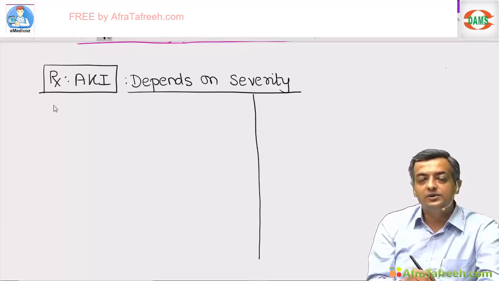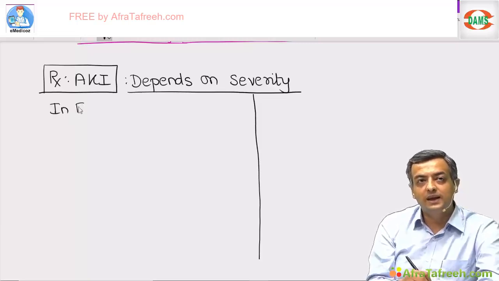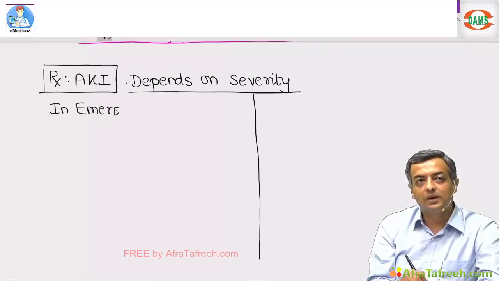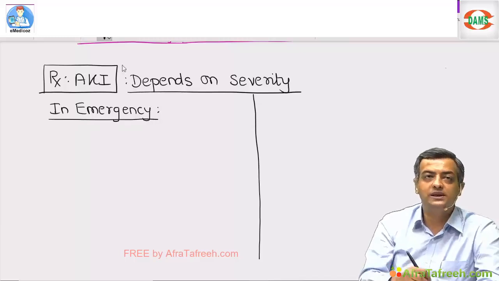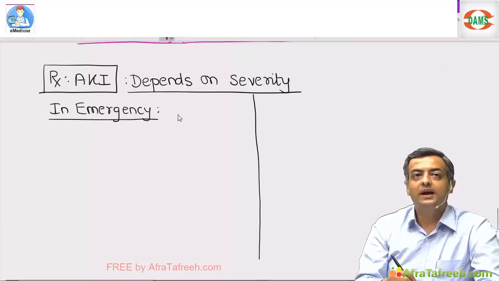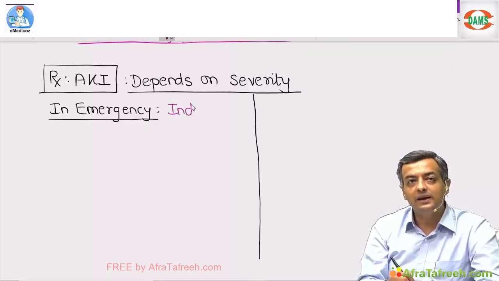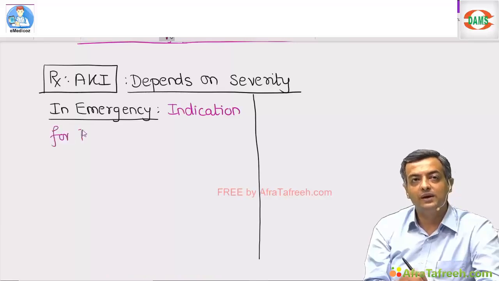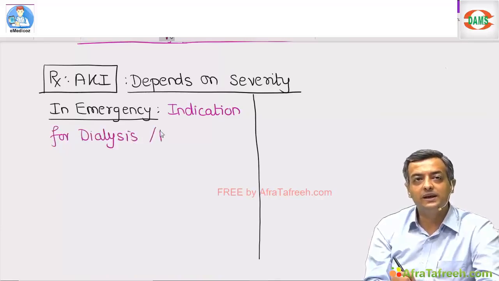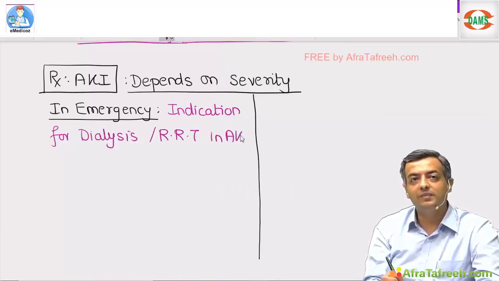Acute kidney injury presenting in an emergency becomes an indication for urgent dialysis, in short an indication for renal replacement therapy.